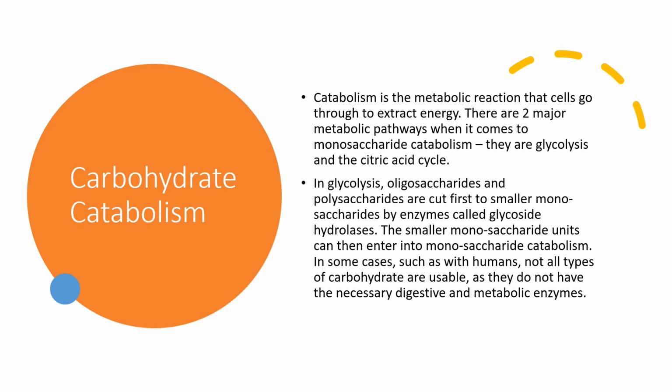In glycolysis, oligosaccharides and polysaccharides are first cut to smaller monosaccharides by enzymes called glycoside hydrolases. The smaller monosaccharide units can then enter into monosaccharide catabolism. In some cases, such as with humans, not all types of carbohydrate are usable, and they do not have the necessary digestive and metabolic enzymes.